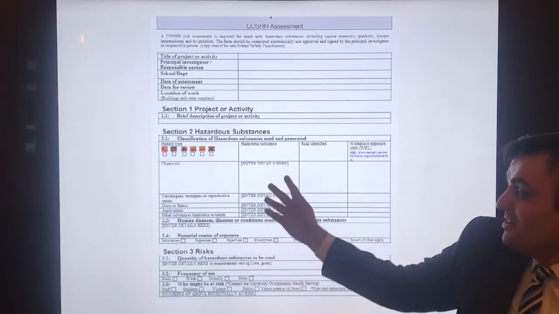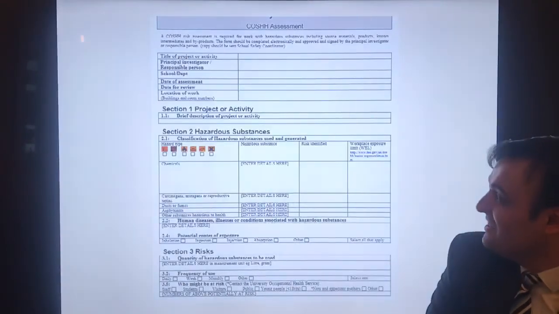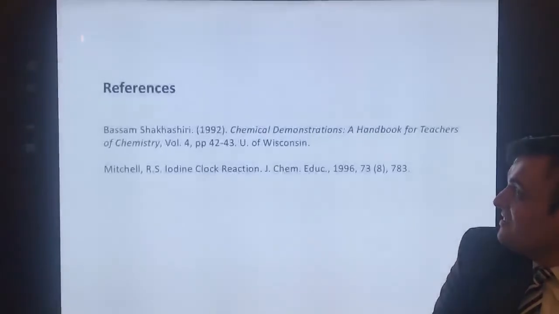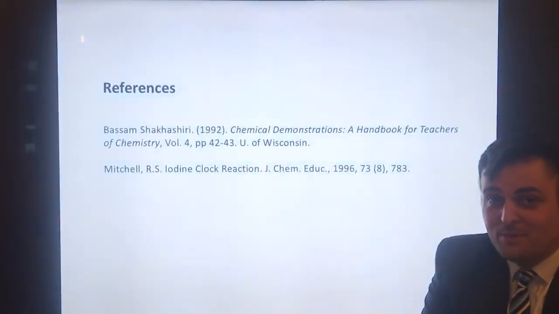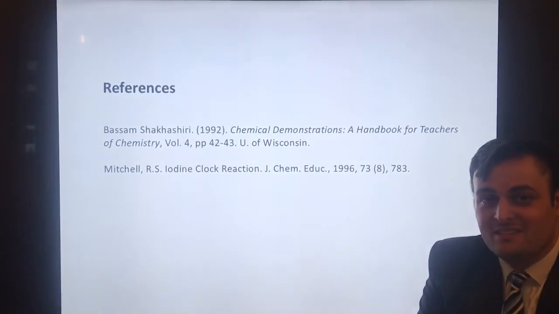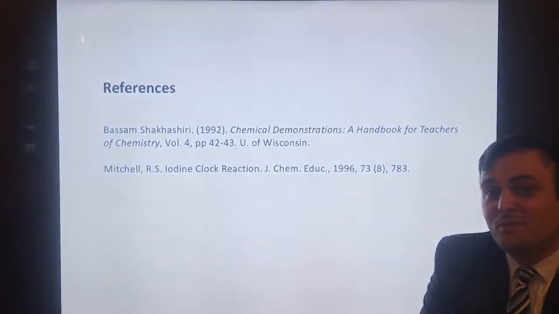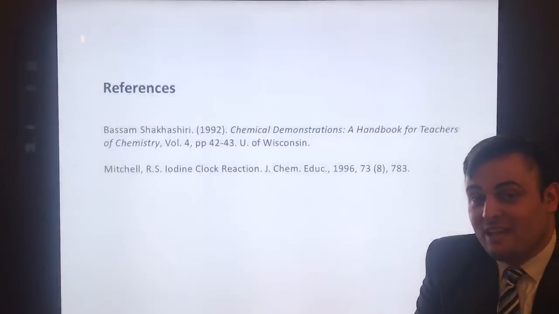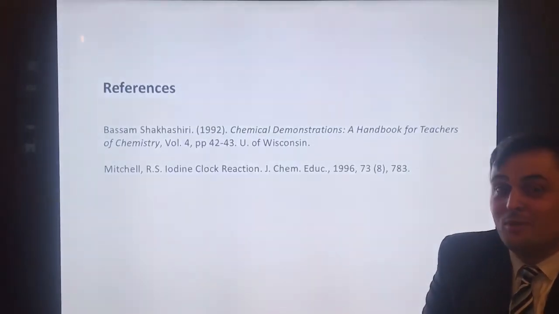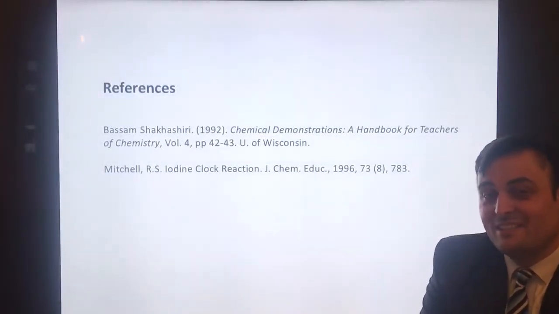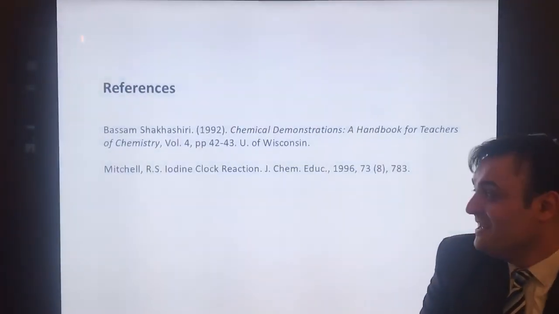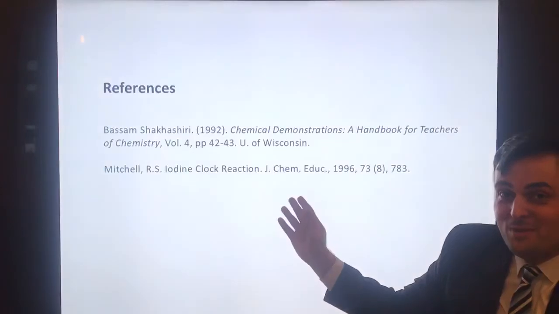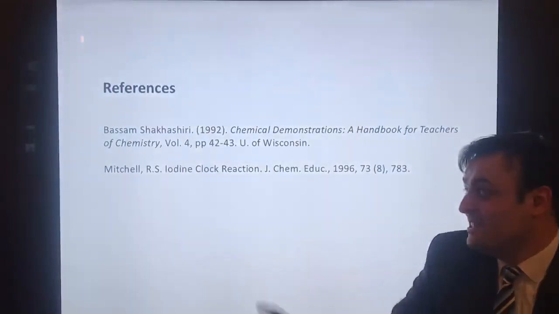But this part is individual. References can help you with your calculations, with finding the best answers for your lab reports, and with your risk assessment form. So I expect all of you to use these references.